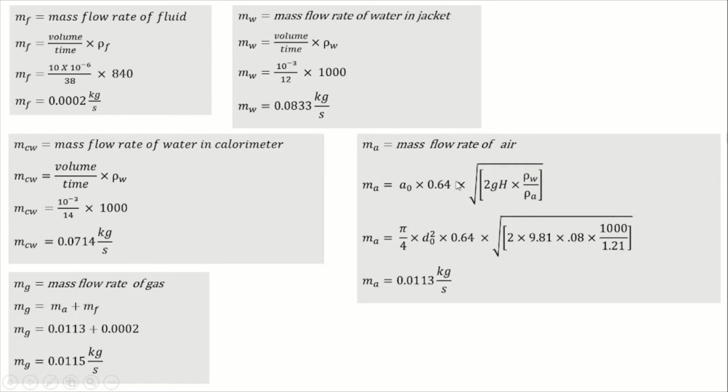Here the orifice constant is 0.164 and the equation for the velocity is under root 2gh, multiplied by the density of water and divided by the density of air for the conversion of water column to air column. So we get the mass flow rate of air as 0.0113 kg per second, and the total mass flow rate of gas, Ma plus Mf, is equal to 0.0115 kg per second.